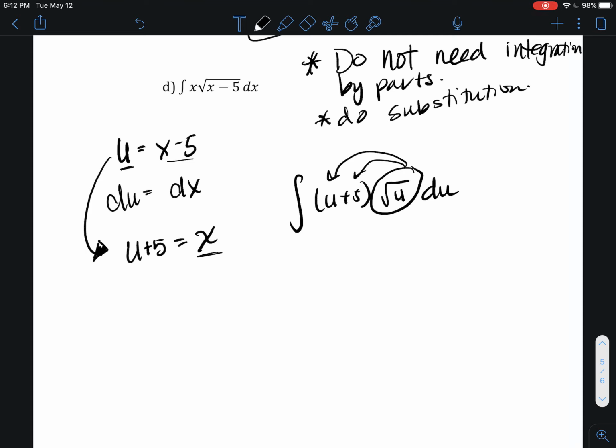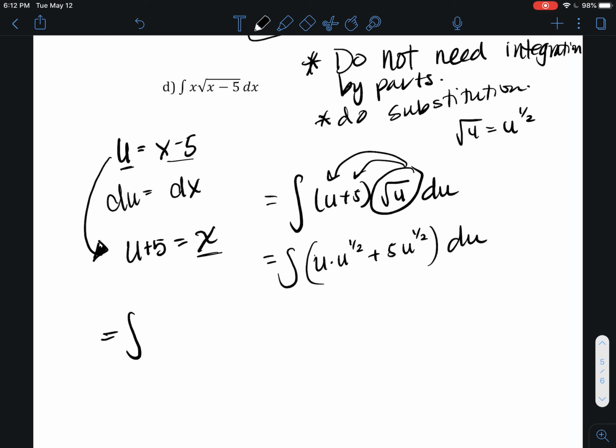And the x cannot go inside the radical. So this is a little bit of way of manipulating this. Okay, so I'm going to rewrite square root of u to equal u to the 1/2. So then this will give me the integral of u times u to the 1/2 plus 5u to the 1/2 du.